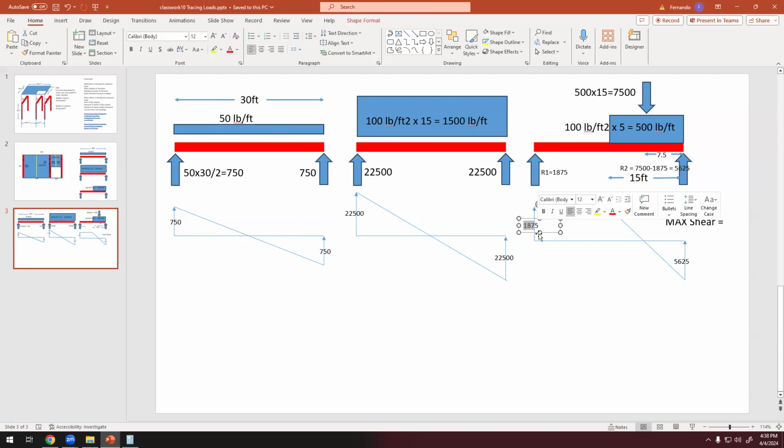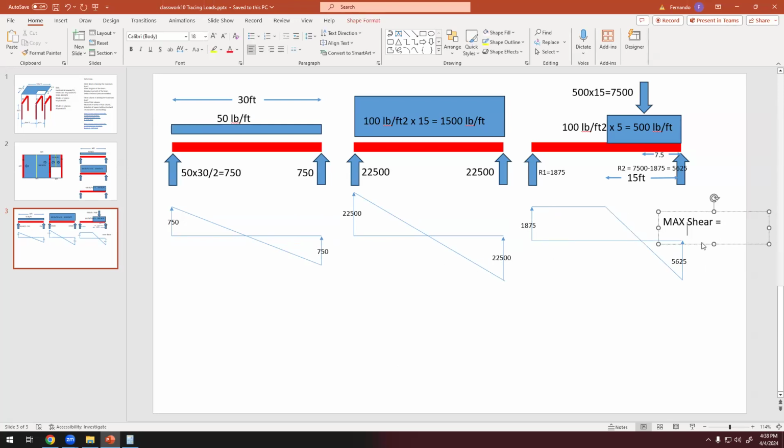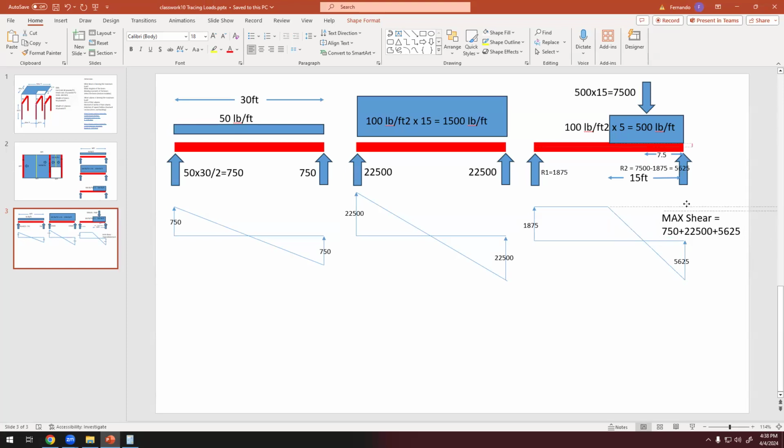This is 1,800, and this is 5,600. So the maximum value is going to be at this point. So I have to add up this one plus that one plus that one. The maximum shear value is 750 plus 22,500 plus 5,625.